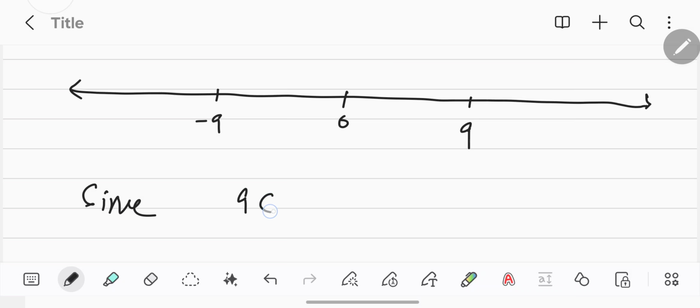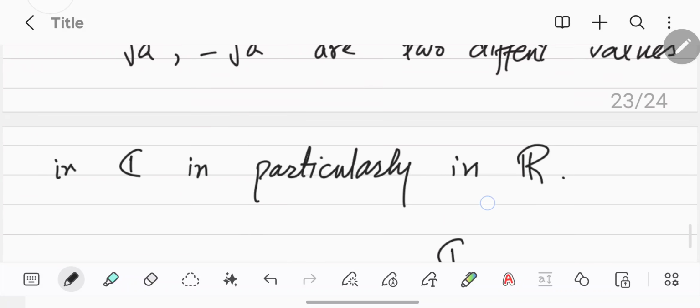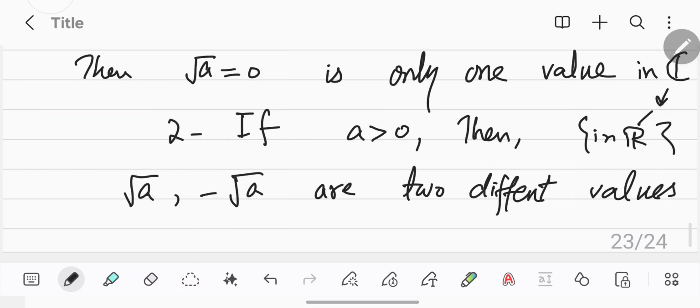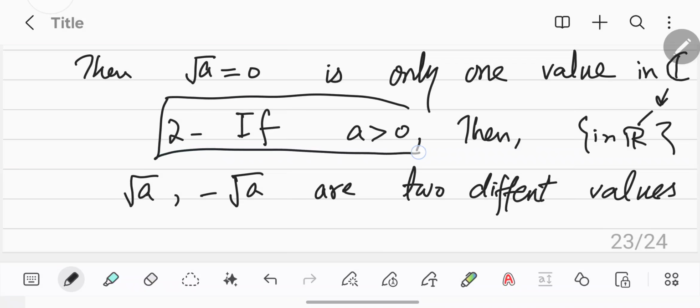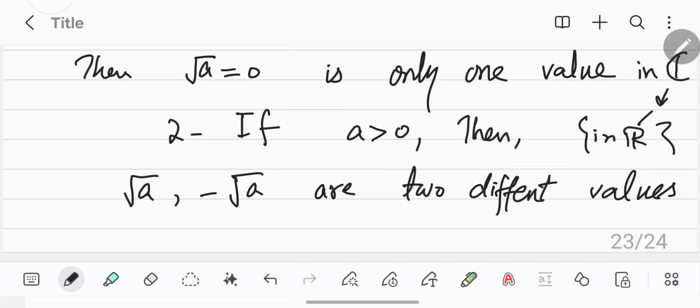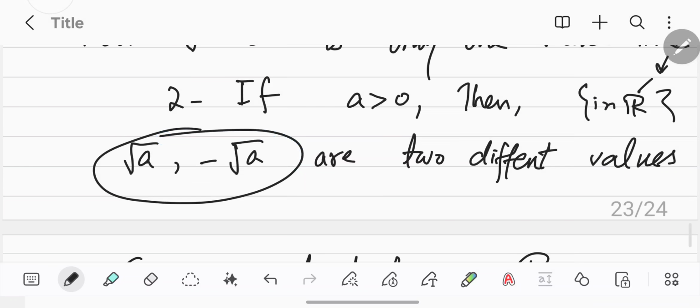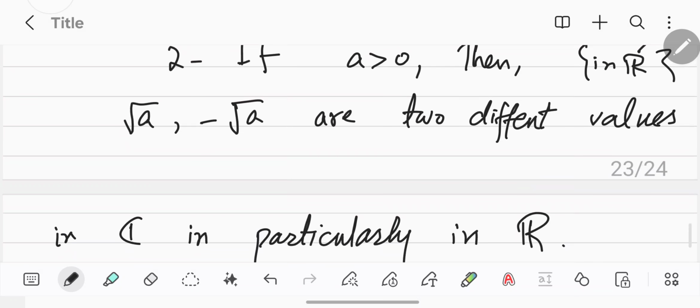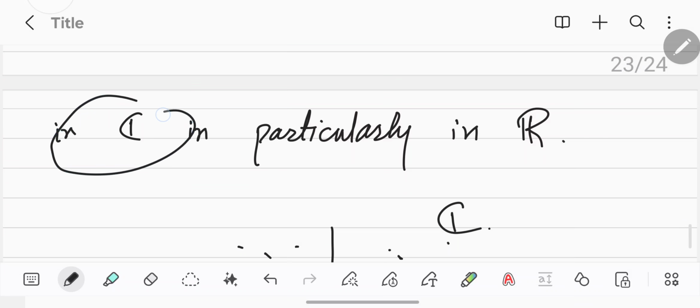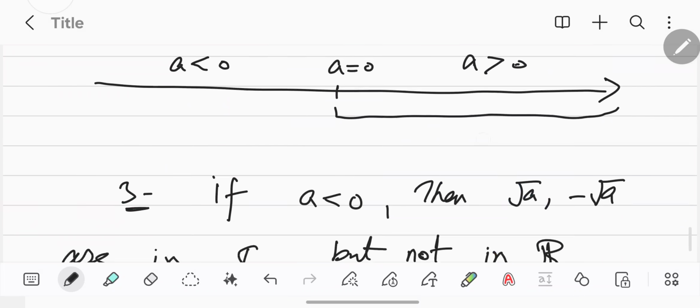Since 9 belongs to R and 9 is positive, this example falls in the second case. This case says if a real number is positive, then it has two square roots, two different values in C, but also in R.